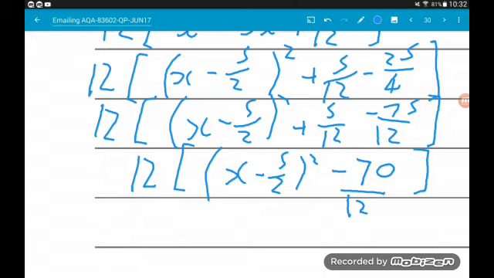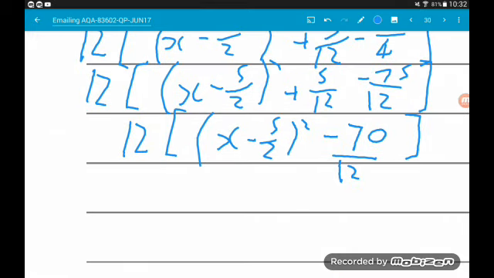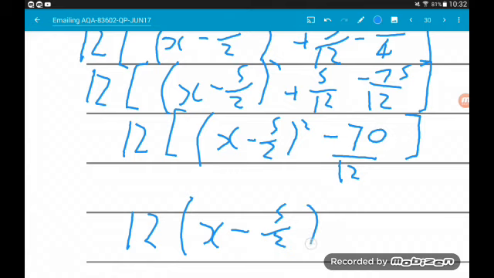So, we've done it. All we now need to do is let our 12 back in. So our answer is 12 lots of x minus 5 over 2 squared. Now 12 times minus 70 over 12 is minus 70.